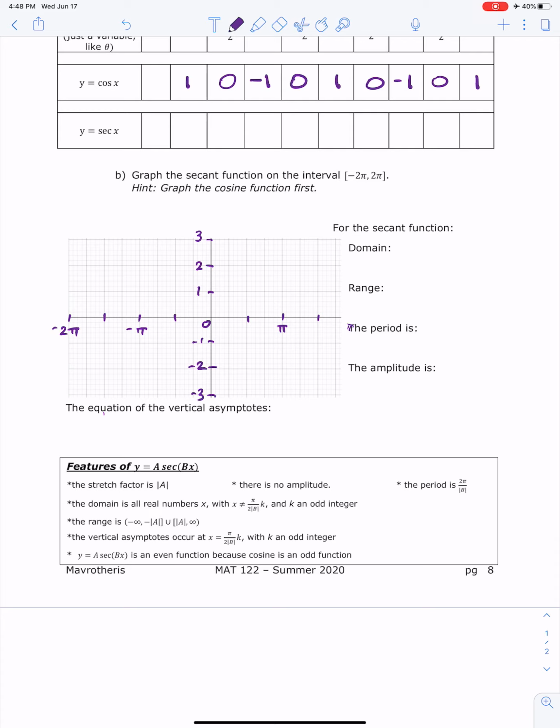So we know we're up here at 1 at negative 2 pi, at 0 for negative 3 pi over 2, negative 1 at negative pi, 0 at negative pi over 2, 1 at 0, 0 at pi over 2, negative 1 at pi, 0 at 3 pi over 2, and 1 at 2 pi.